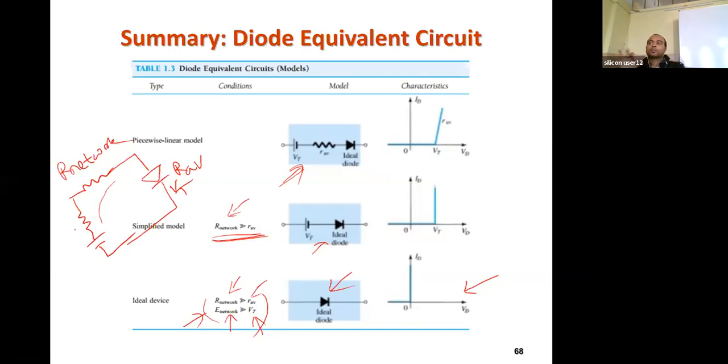Then 5 volt and 0.7 volt are comparable, so practically I should not neglect 0.7 compared to 5 volt. But suppose I am applying a 100 volt supply and the diode is taking a drop of 0.7. Then for simplicity of calculation, I can neglect the 0.7 with respect to 100. But if my applied voltage is 5 volt, then I cannot neglect 0.7 compared to 5 volt.